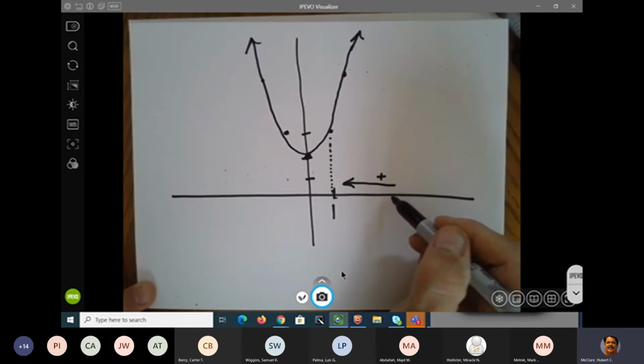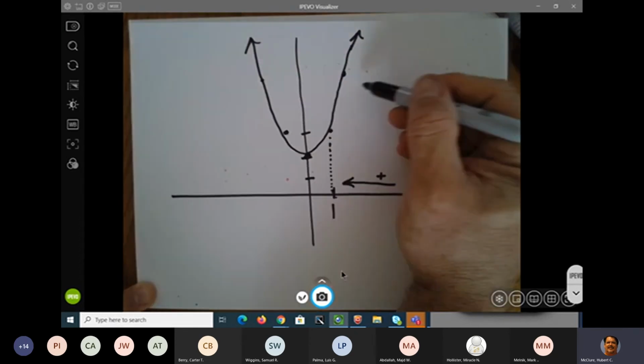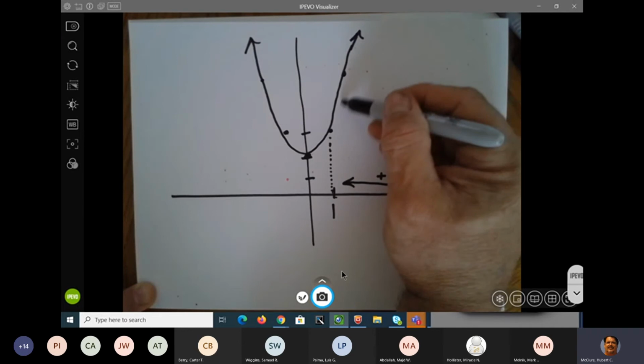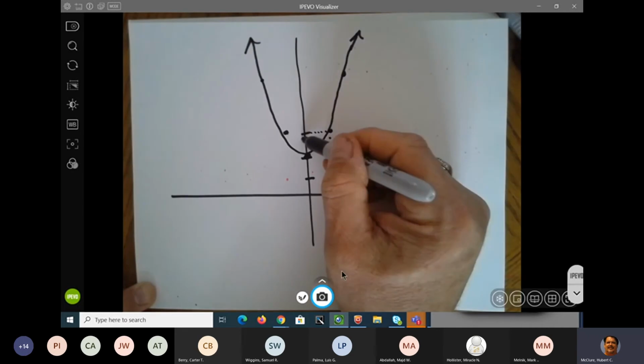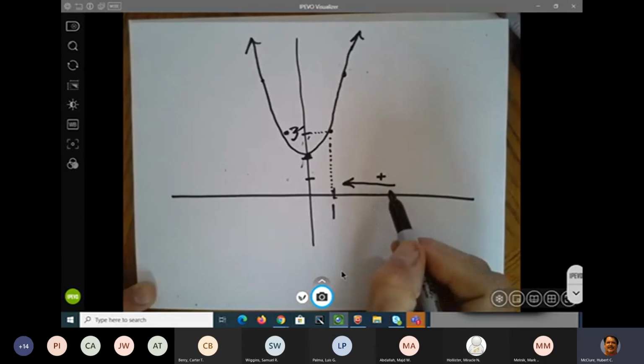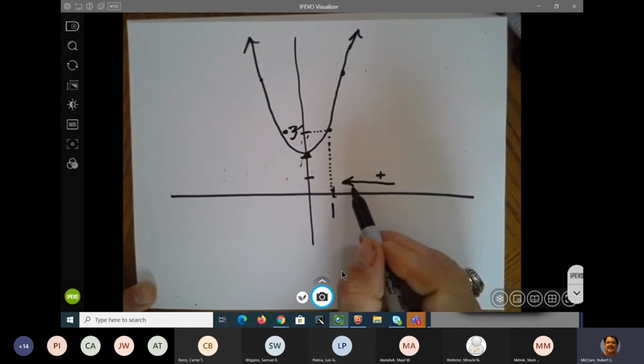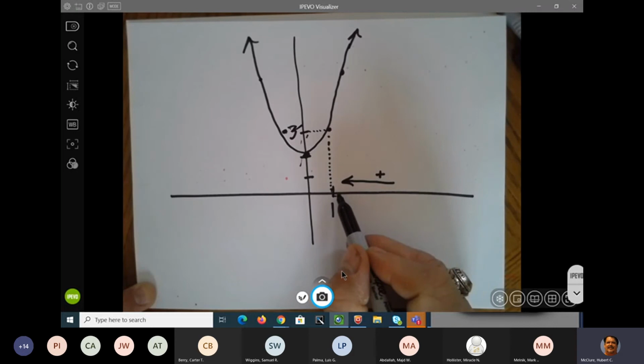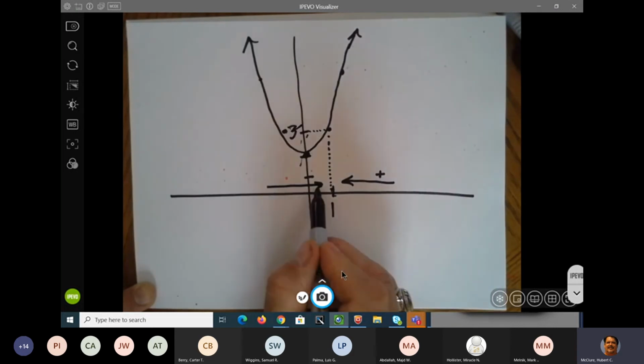Well, as x comes down, I'm approaching this number right here. So that would be 3. If I'm approaching 1 from the right, my limit is 3. If I'm approaching 1 from the left, my limit is 3.